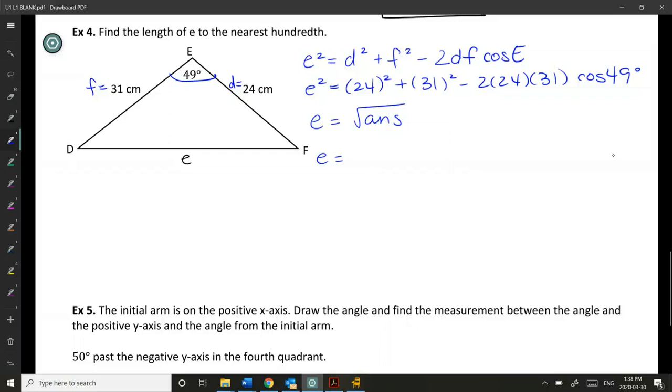And we should get from this answer right here, 560.78 whatever.